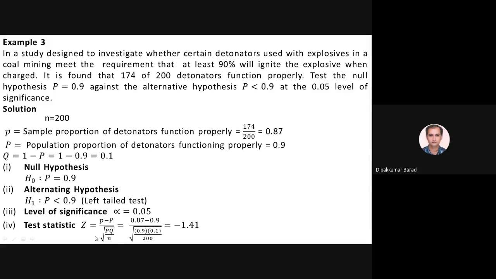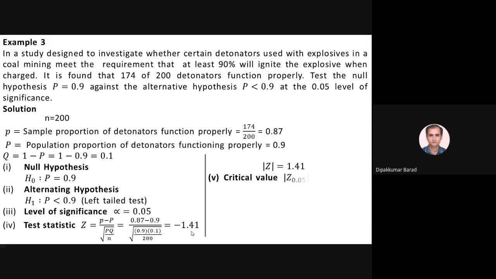So by using this, we can find the test statistic Z is equal to small p minus capital P upon under root capital P Q by n, and once we put in these values, we get Z equal to minus 1.41. First of all, we find mod Z, and mod Z is 1.41.